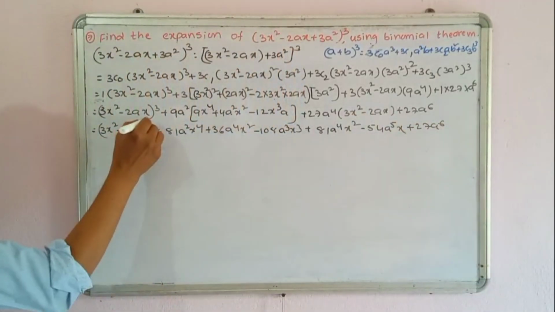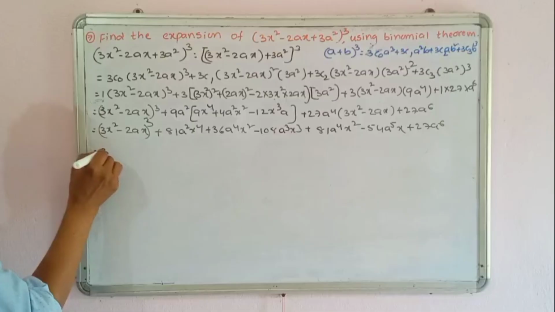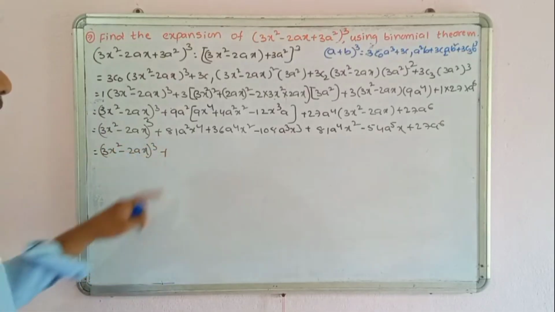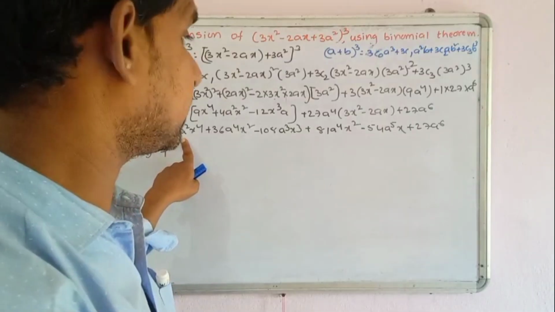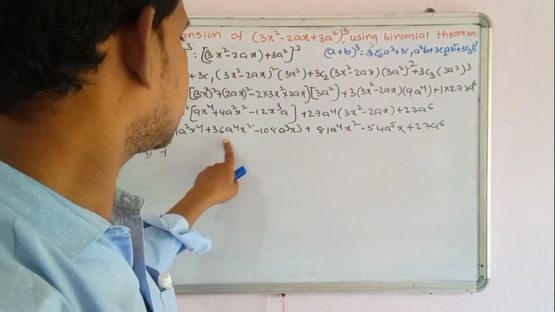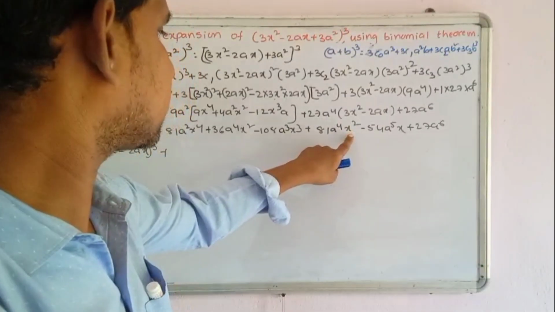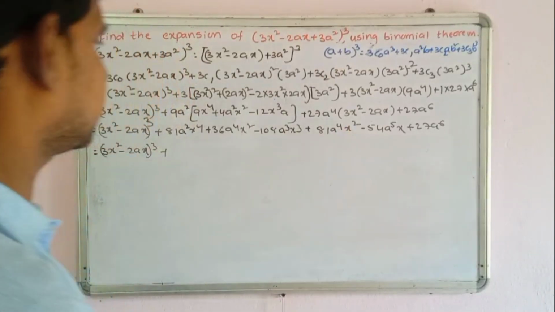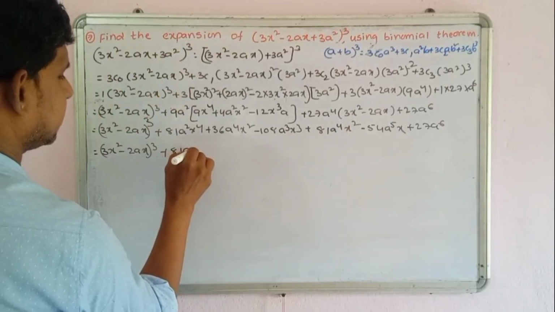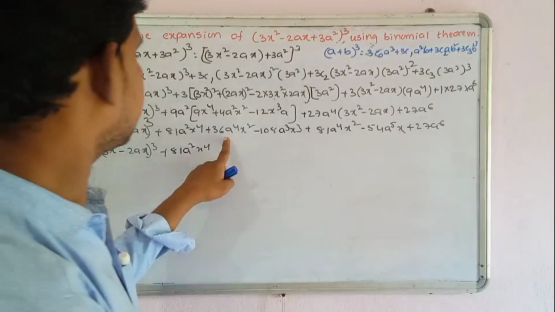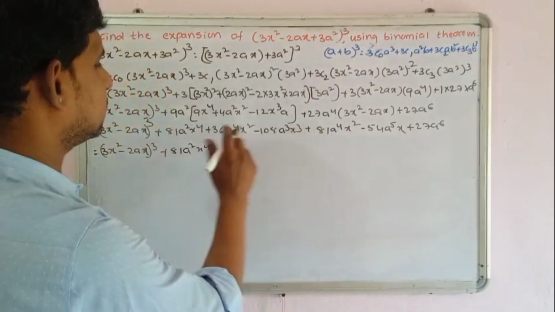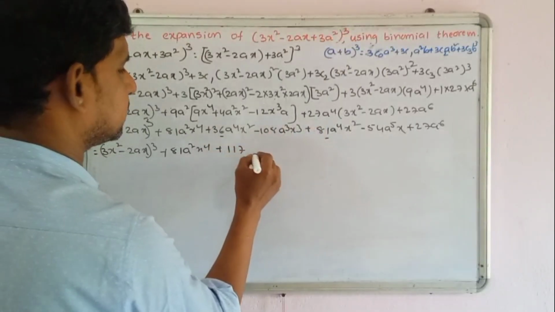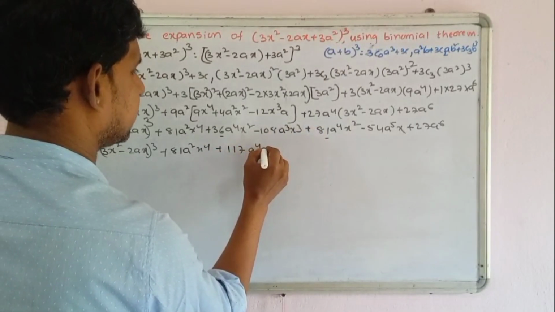Okay, now this is power 3, so (3x² − 2ax)³. See, 81a²x⁴ and 36a⁴x², and 81a⁴x². So 36 plus 81, 6 plus 1 is 7, 8 plus 3 is 11, so a⁴x².